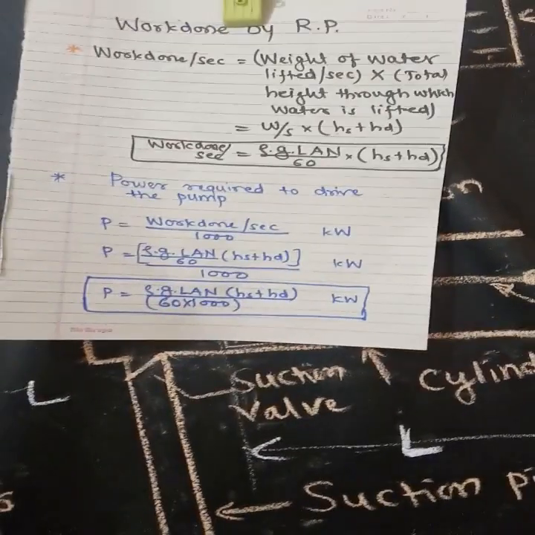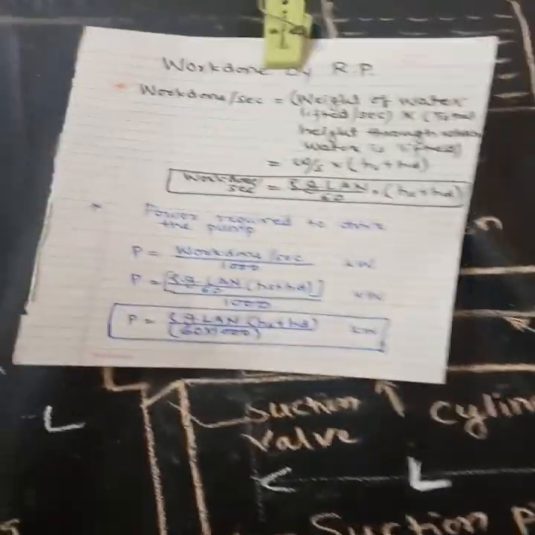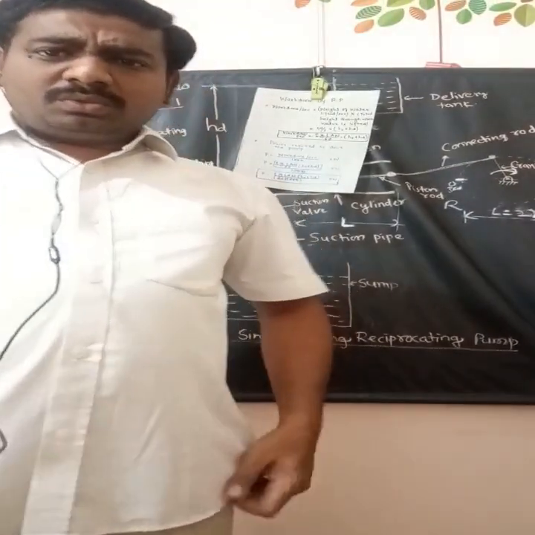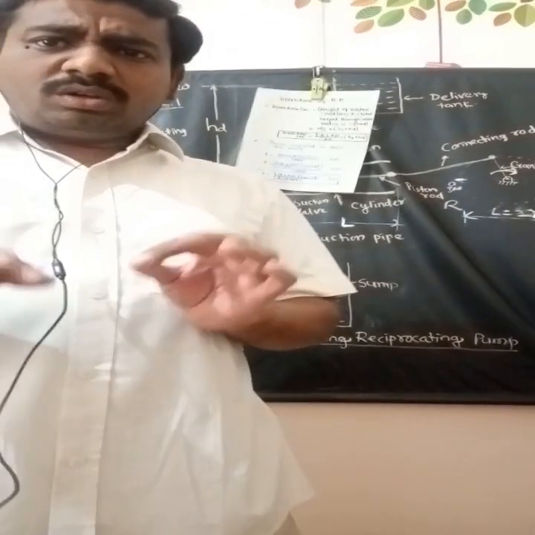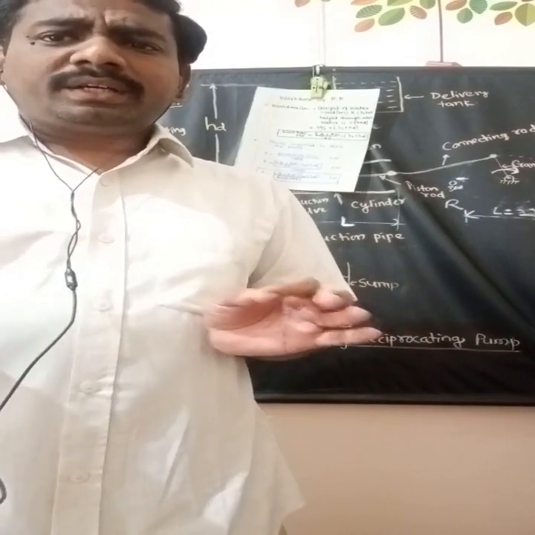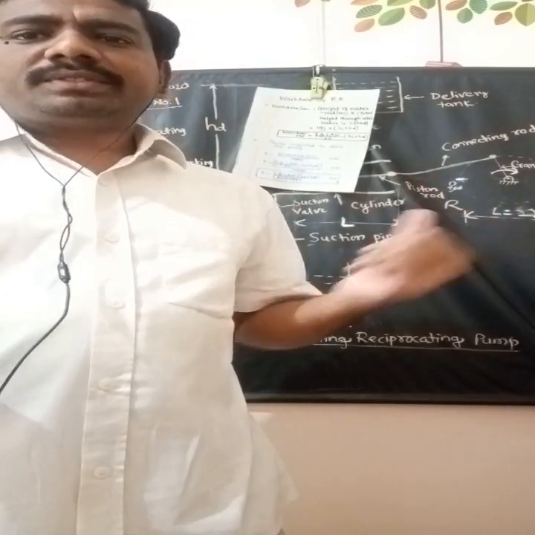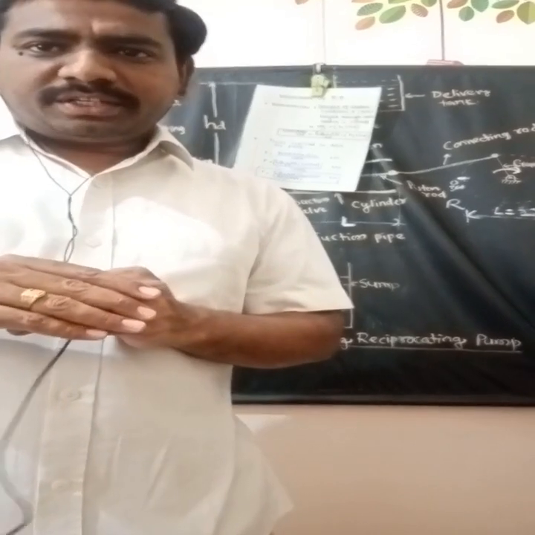Now let us go for the next topic, that is the double acting reciprocating pump. Now we are going to discuss the double acting reciprocating pump, as this diagram is representing the single acting reciprocating pump.